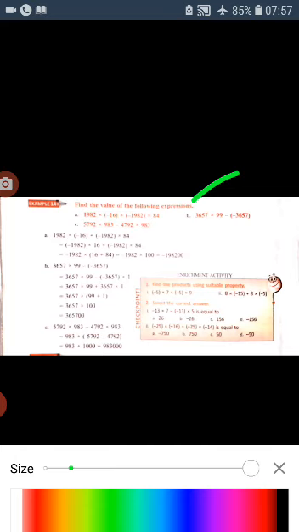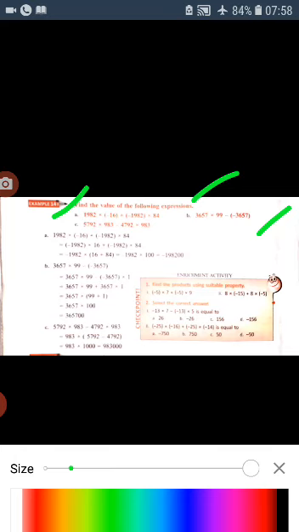Then B: 3657 into 99 minus of minus 3657. Then C: 5792 into 983 minus 4792 into 983. The same as the before sums, you can do this also. This is for more than 3 digit numbers.